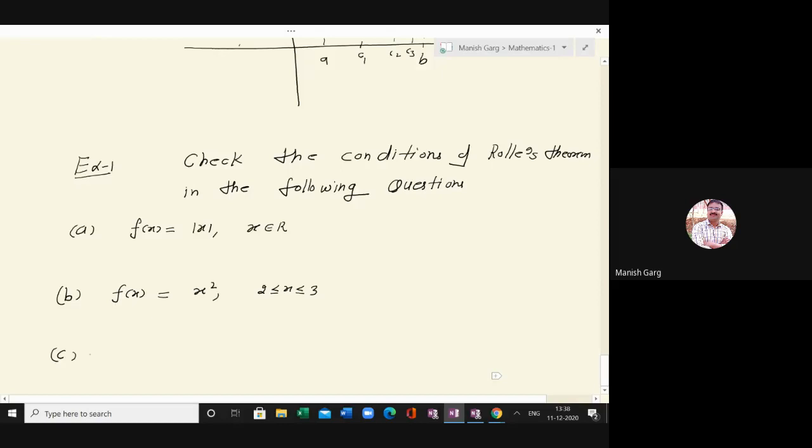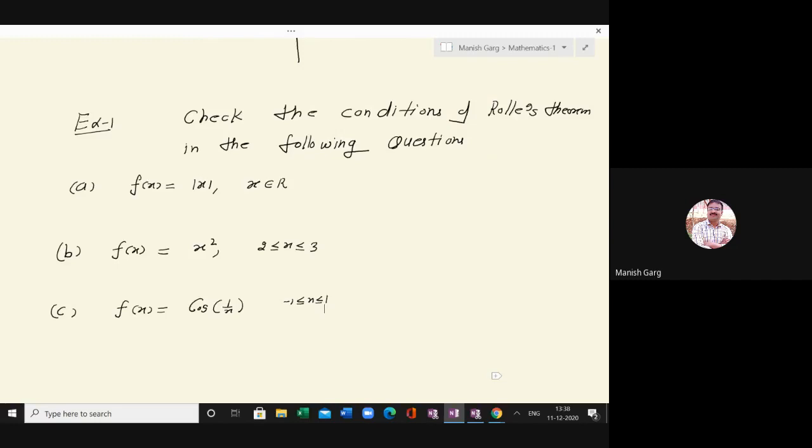Third is this: f(x) is equal to cos(1 upon x), and minus 1 is less than x is less than. So in the first example, you can see f is continuous, but f is not differentiable.